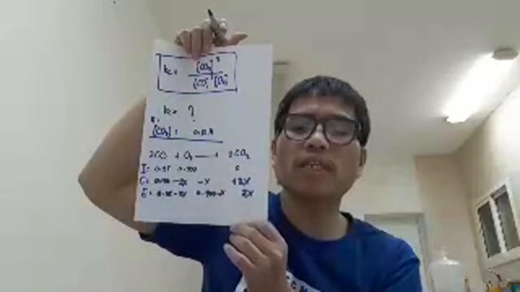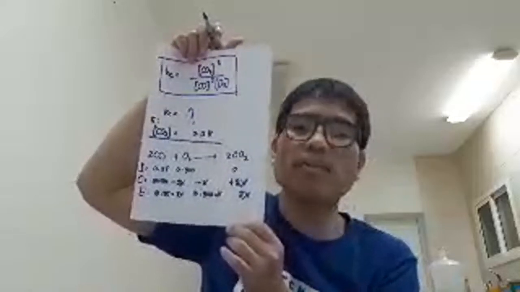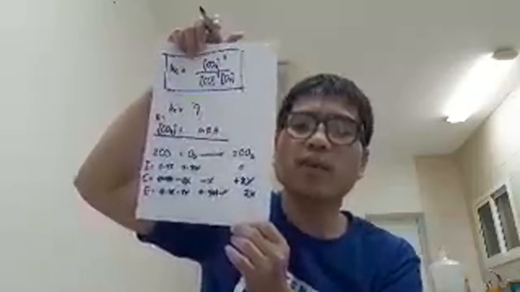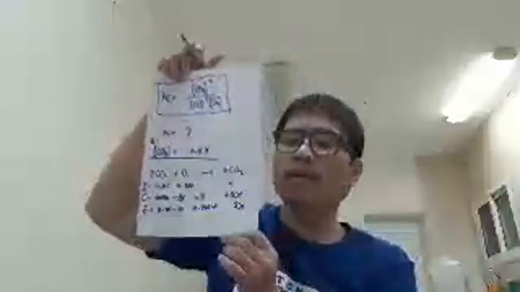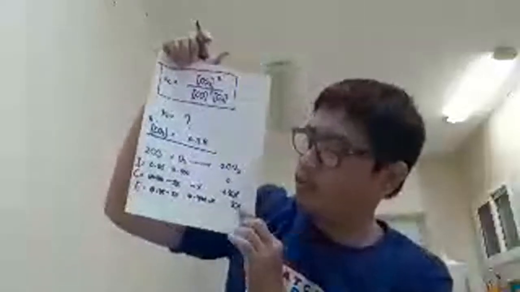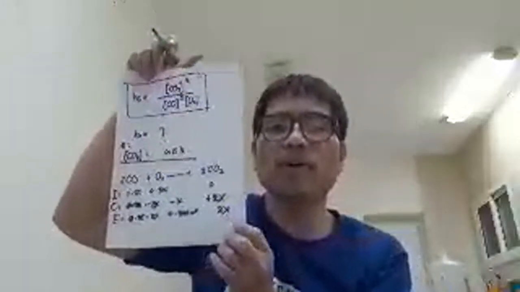And then for oxygen gas, we have 0.4 minus x only, because there's no number of moles on the oxygen gas. And then for the CO2 it will be positive 2x. And then in equilibrium, the positive sign will be removed from this 2x because it's not necessary anymore. Okay? Like that.